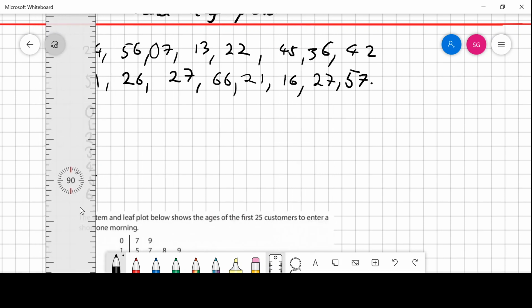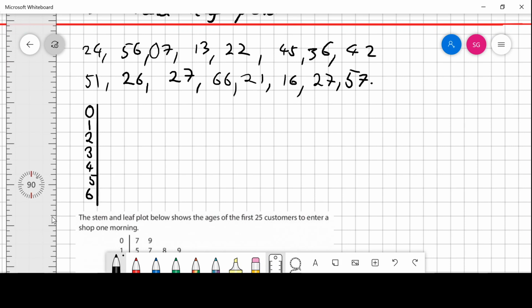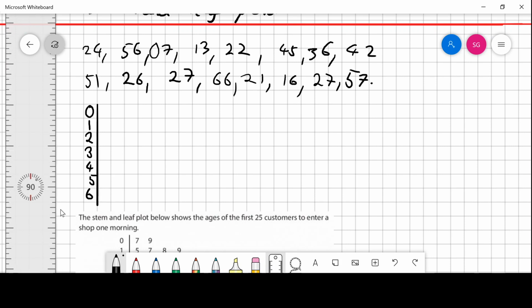And what you do, at least initially, is you take each value along here and you start adding them to this stem. So you just add the leaves to the stem.